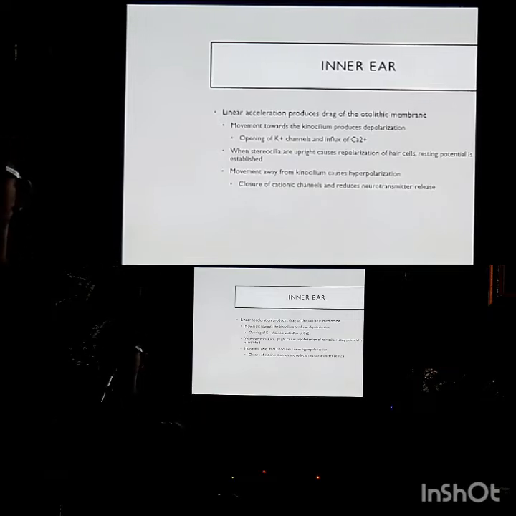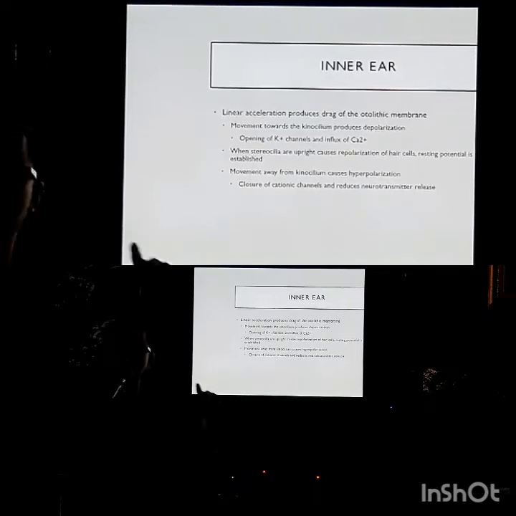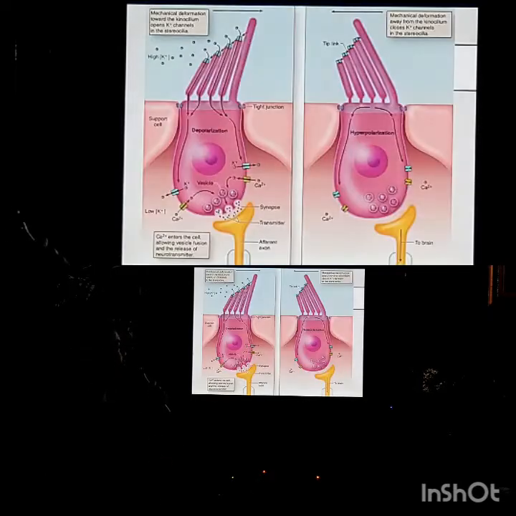Okay, stereocilia towards the kinocilium, depolarization, release of cations. Stereocilia away from the kinocilium, hyperpolarization, closure of the cationic channels, and decreased neurotransmitter release.